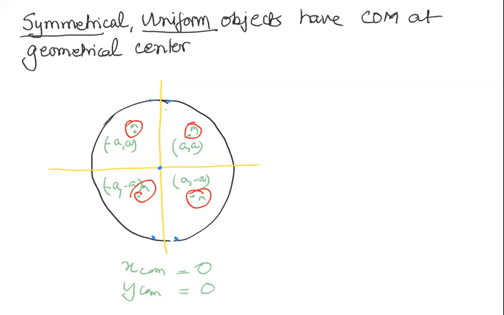This sphere would be symmetrical, no doubt about it, but it would not be uniform. And therefore, the center of mass will not lie at its geometrical center.